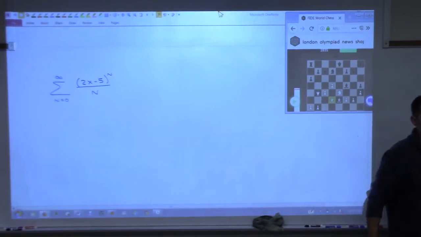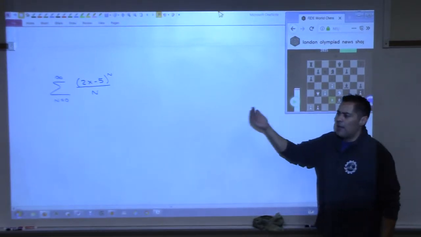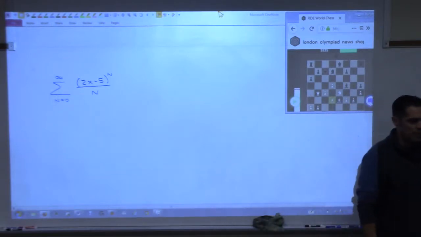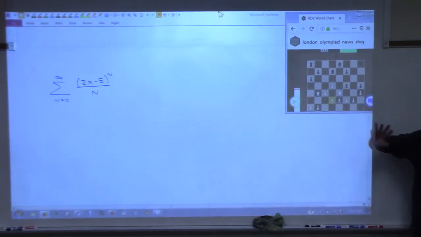All right, same question. For what values of x does this converge? Can anybody tell me just right away a number guaranteed this converges at? Not 0, not for this one.